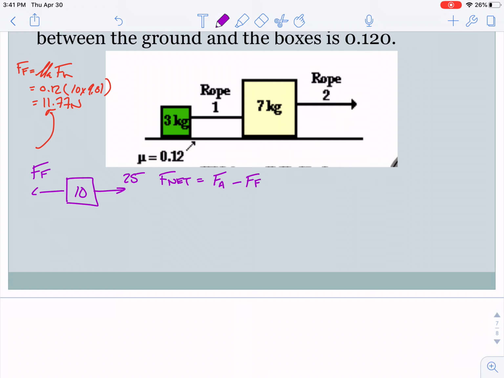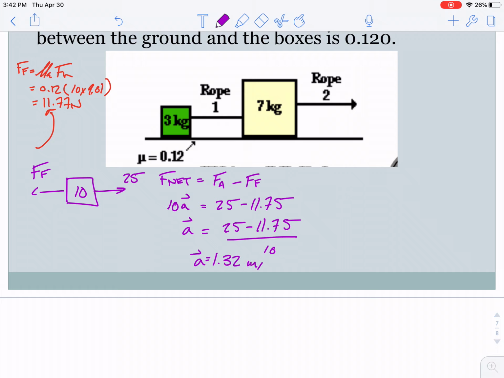So in this case, if we have 10A is equal to 25 minus 11.75, the acceleration gives us a value of 1.32 meters per second squared.